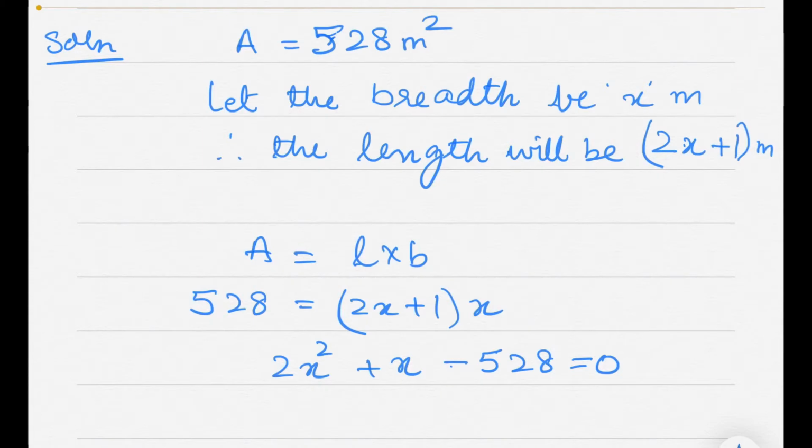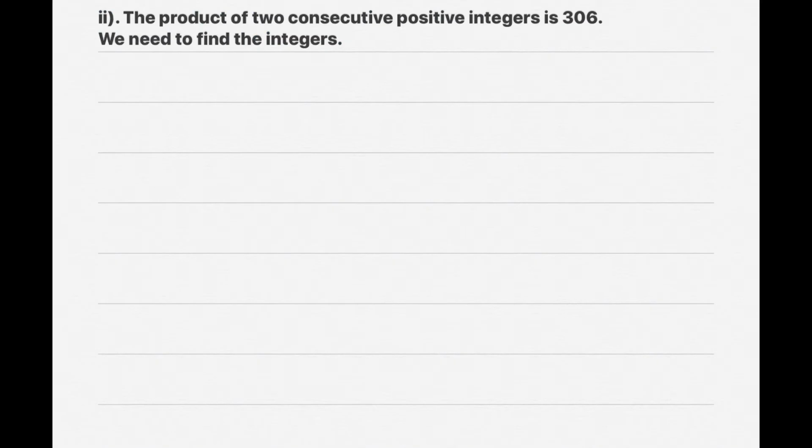So I think that's the equation. We have got the quadratic equation, and we are not solving it because they just said that you have to form the quadratic equation. If I solve this equation, I'll get x, that will be my breadth, and I can just put it in to find my length, and I will be able to find out both. So that's my answer. Let's move to the second part now.